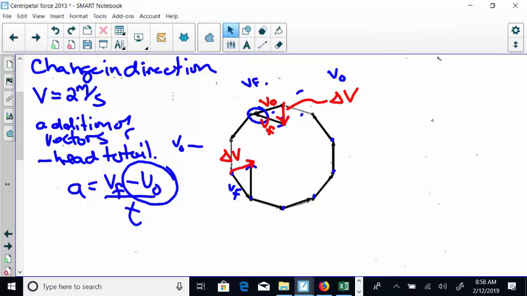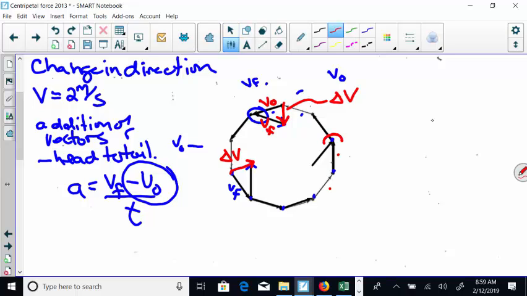And just to show that one more time, I'll use this vector and this vector. If I add them together, and again, remember I'm subtracting, so I know right now that I'm really putting two heads together, and I can't do that. So I'm flipping it like this. And then notice this right here, again, is my change in velocity.